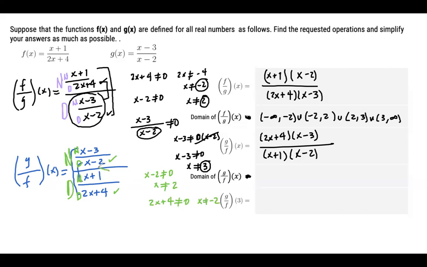And finally, this whole thing right there, x plus 1 divided by 2x plus 4, different than 0, so that will produce a minus 1. So our zeros, the values that would produce 0, are those three.